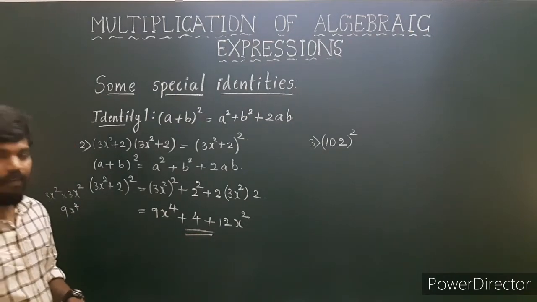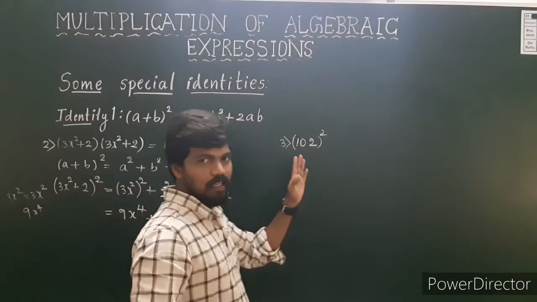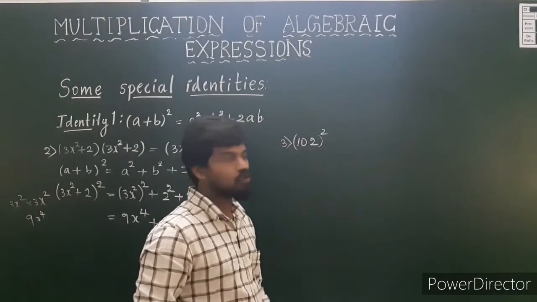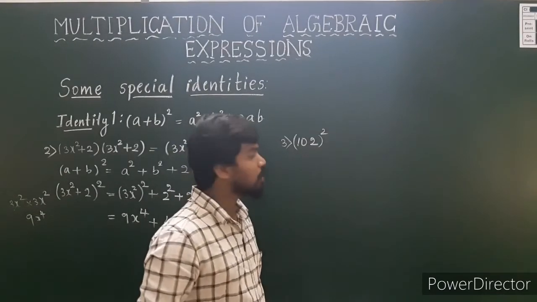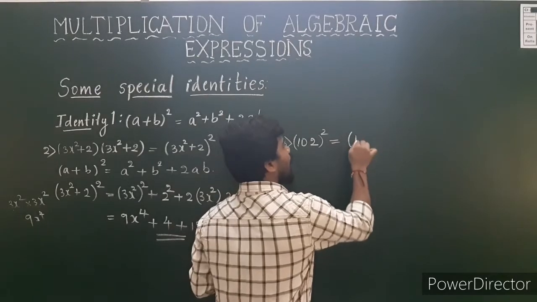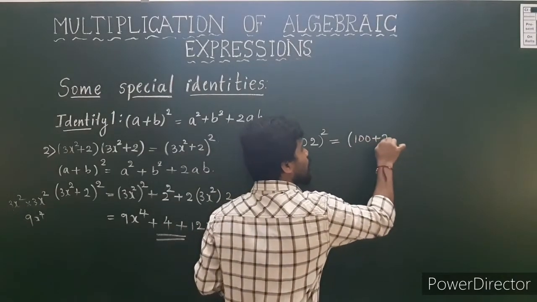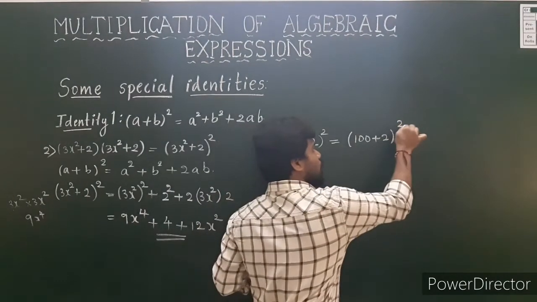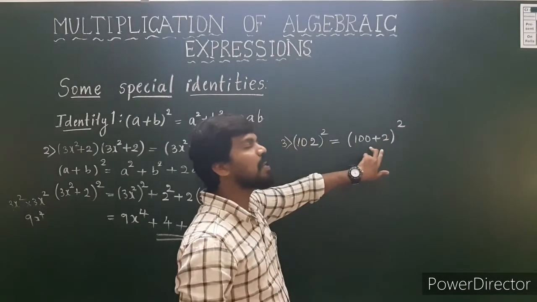Next you have a number: 102 whole square. You know that 102 is equal to 100 plus 2. So now it's in the form of (a plus b) whole square.